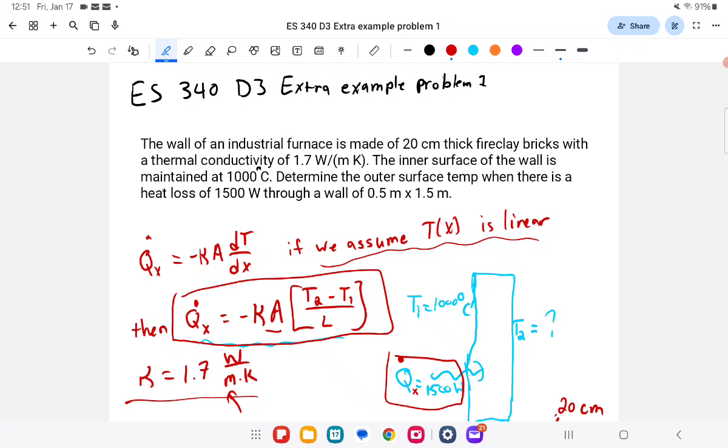The wall of an industrial furnace is made of 20 centimeter thick fire clay bricks with a thermal conductivity of 1.7 watts per meter Kelvin. The inner surface of the wall is maintained at 1000 degrees Celsius.